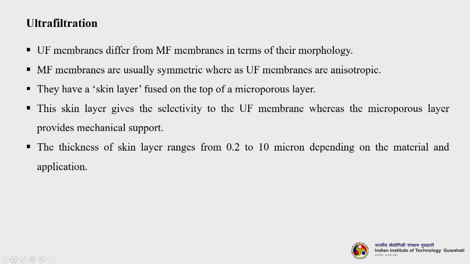Do not confuse it with the RO membrane, which is also an asymmetric membrane. This skin layer gives the selectivity to the ultrafiltration membrane, whereas the microporous layer provides the mechanical support. The thickness of the skin layer usually ranges from 0.2 to 10 micron depending upon the material and also the intended application.